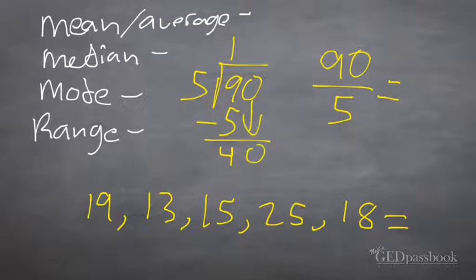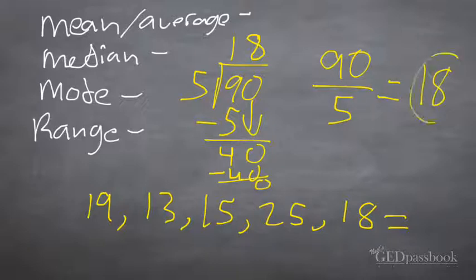How many times does 5 go into 40? 8. To get 40 exactly, and then a remainder of 0, right? So guess what? 18 is my average number. It's pretty much saying out of all of my grades that I got back, the average or the mean out of all those numbers was 18.